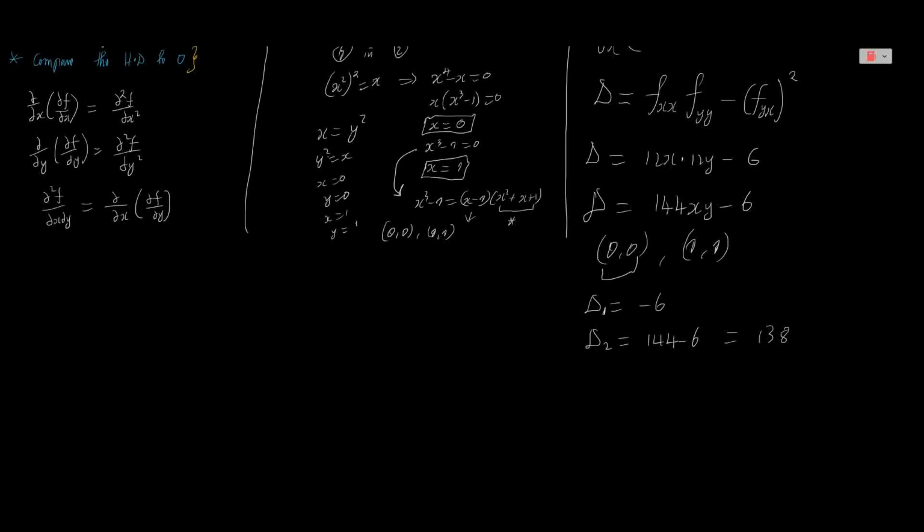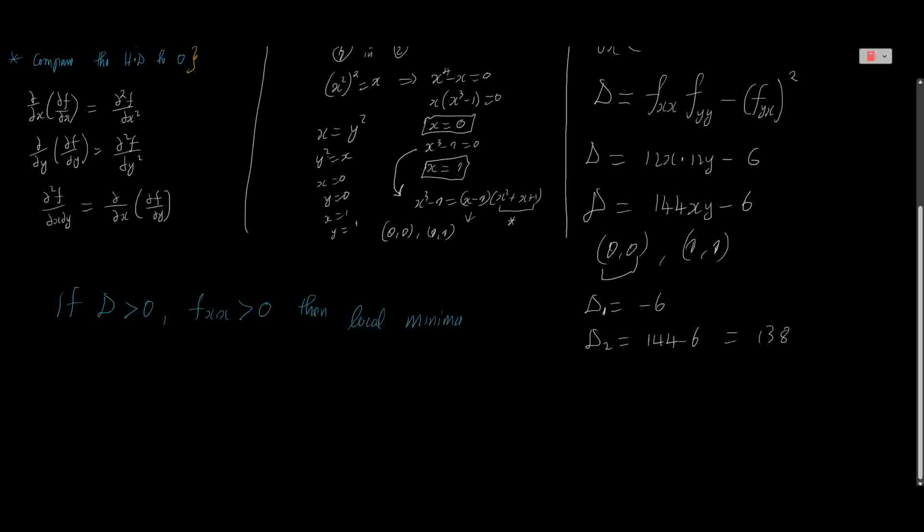As I mentioned earlier, there are some conditions we need to look at. If our Hessian determinant is greater than 0 and our second partial derivative is greater than 0, then we have a local minima.